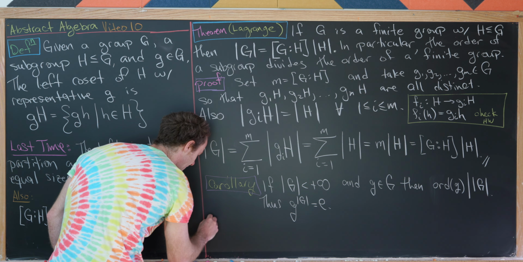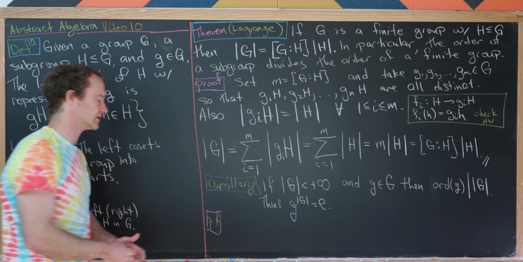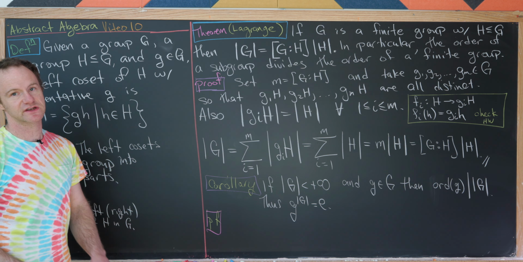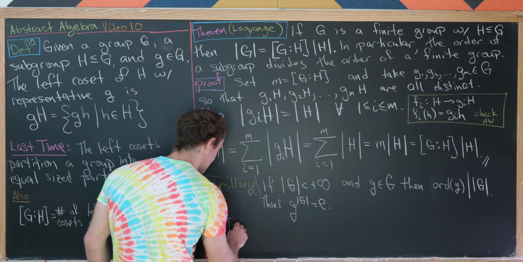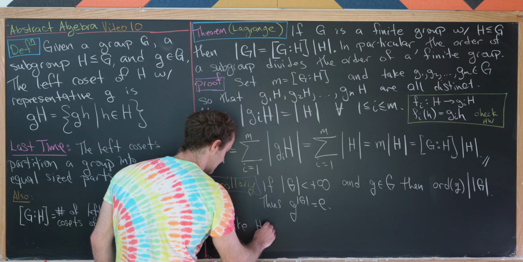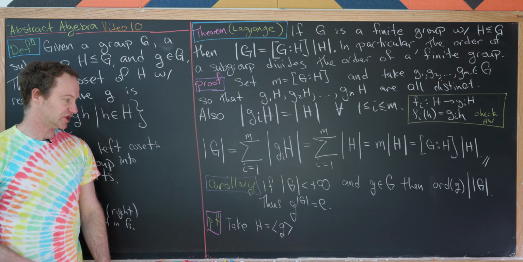Okay, so let's see how this proof might go. Well, it's a corollary of Lagrange's theorem, so perhaps we should use Lagrange's theorem, and that's exactly what we will do. So let's take H in this case to be the cyclic subgroup generated by g.